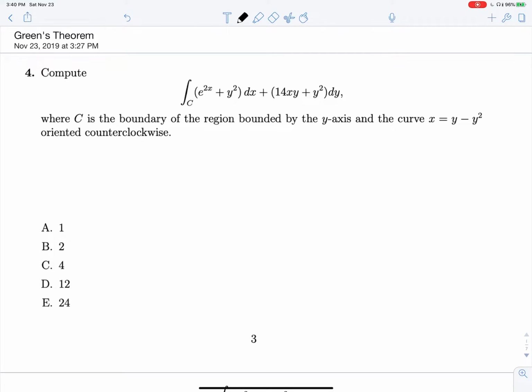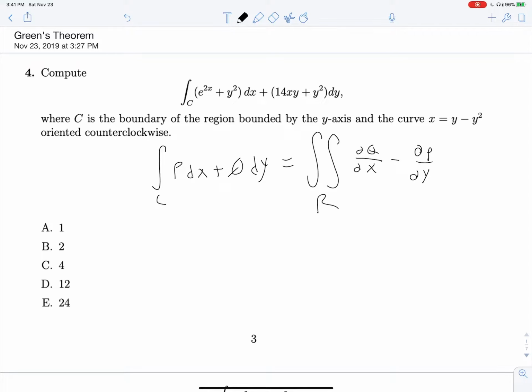We know that Green's theorem generally says that the line integral of p dx plus q dy is the same thing as the double integral over the region enclosed by the curve of the partial derivative of q with respect to x minus the partial derivative of p with respect to y dA.